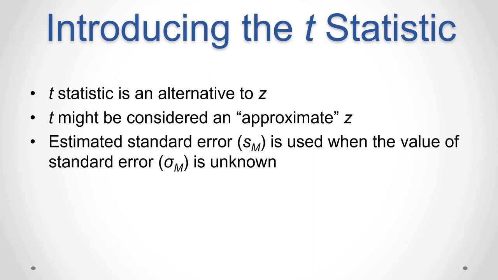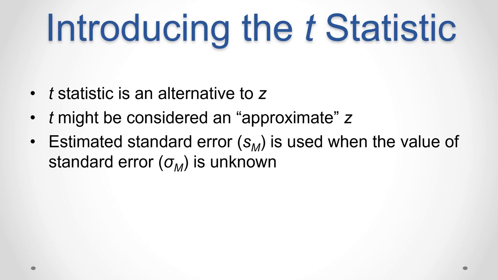The t-statistic or t-test is an alternative to the z-statistic or z-test. Remember that a sample statistic can be used to estimate a population parameter. The t-statistic allows researchers to use sample data to test hypotheses about an unknown population mean.